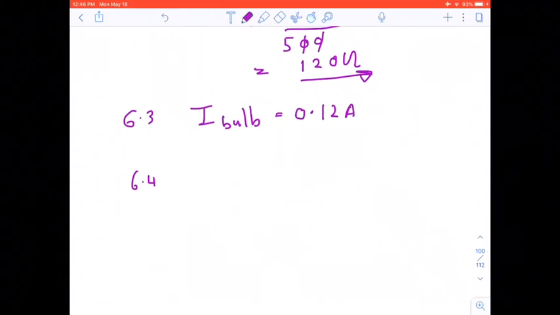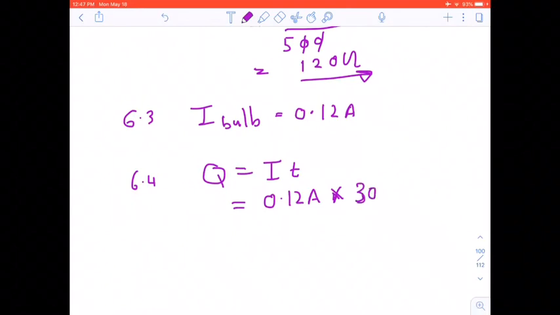So that would mean Q is equal to I times t, which is 0.12 amps through the bulb, times 30 minutes converted to seconds, and that gives us 216 coulombs.